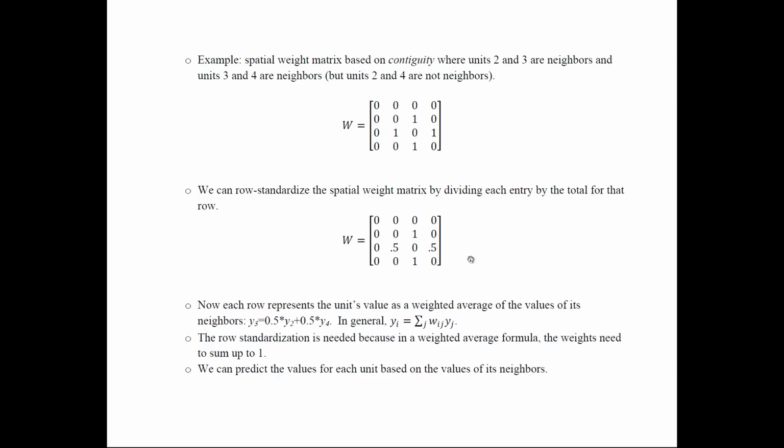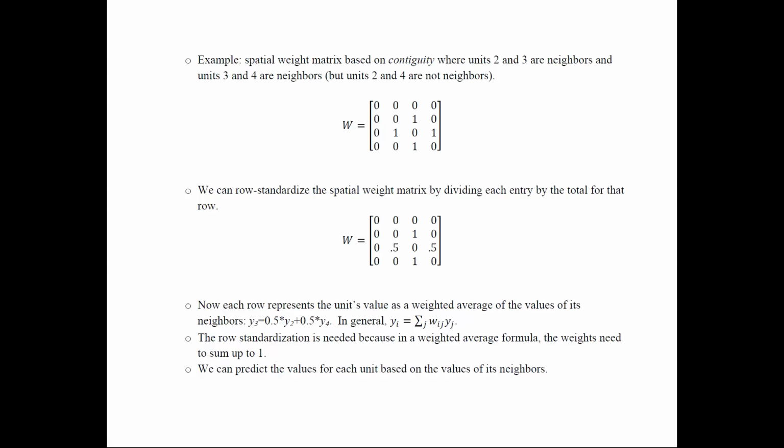Why is that important? Because now each row represents the value for that unit as a weighted average of its neighbors. For example, look at this one. This is unit number 3, or observation number 3. It has two neighbors, observation number 2 and observation number 4, and they equally influence this.